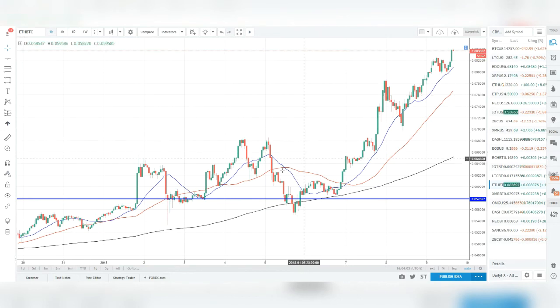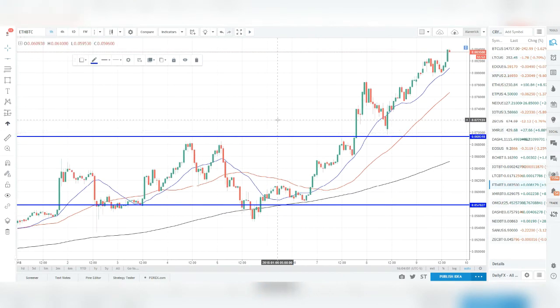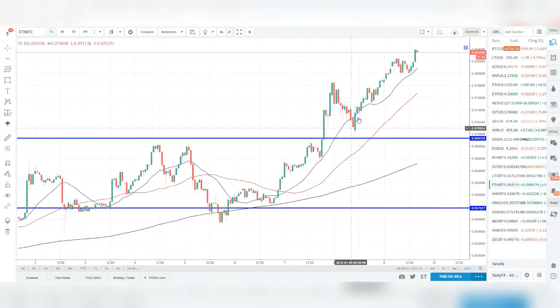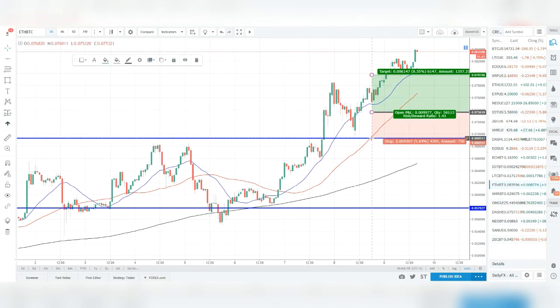And then again here, this one could have been tradable. We have this zone, price broke out of it, fell back to retest it, another bullish engulfing off the zone, and price ran away.